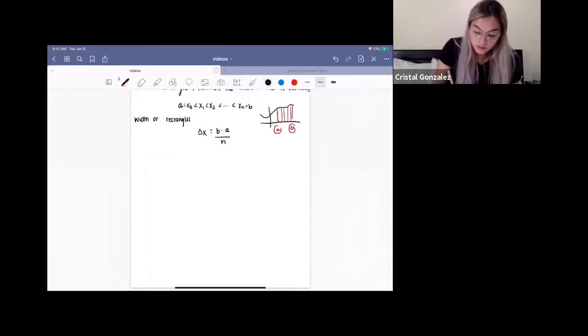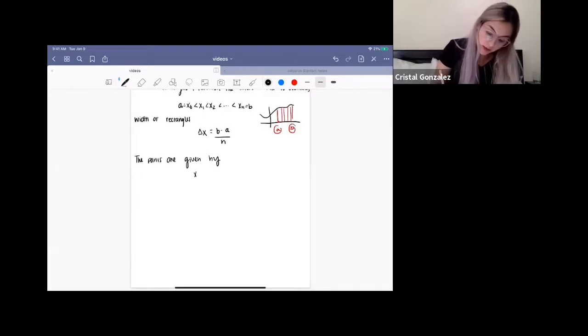And the points are given by, and we're going to call them xi, is equal to a plus i times delta x. So what does this exactly mean?